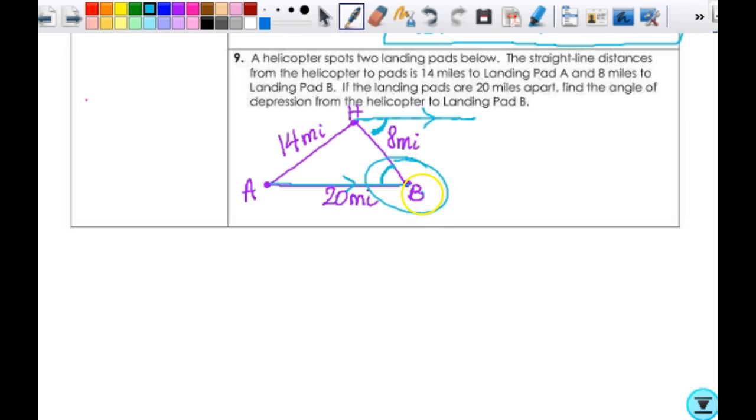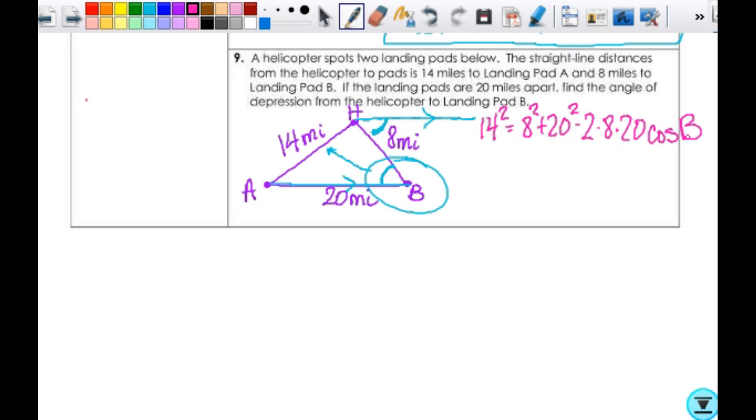So since I'm looking for angle B, the side across from it is the one that's outside by itself. So this is going to be 14 squared equals the other two in either order. 8 squared plus 20 squared minus 2 times 8 times 20 times the cosine of angle B. Now you can rewrite the law of cosines, the formula, in a form where the angle is outside by itself, but then you just have more formulas.